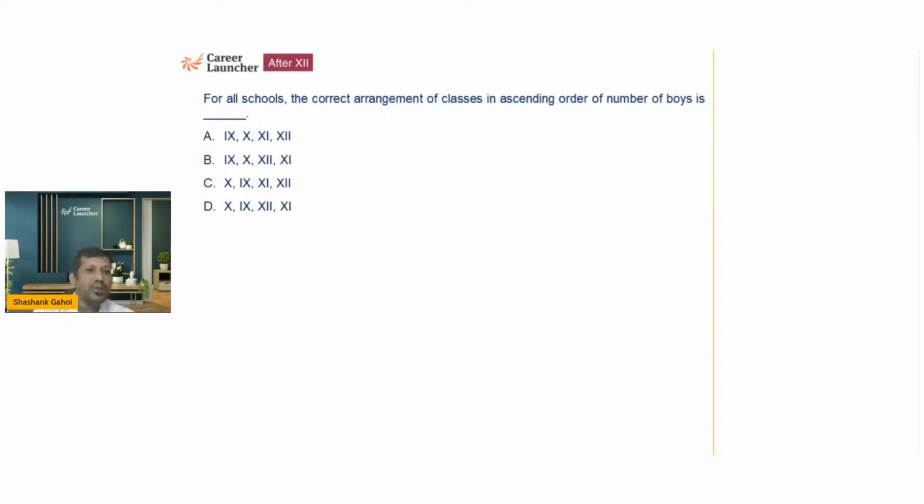For all schools, the correct arrangement of classes in ascending order of number of boys. For all schools, the correct arrangement of classes in ascending number of boys. Okay, so we are talking about, okay, so we'll come to this.